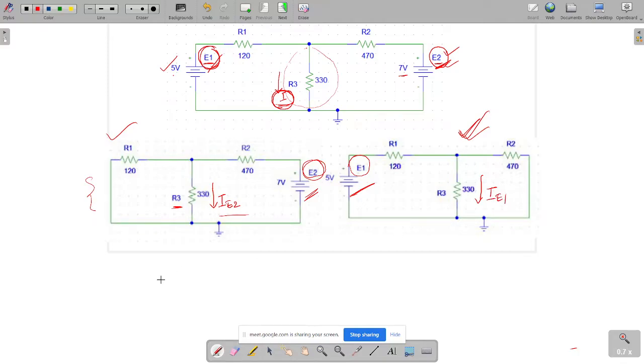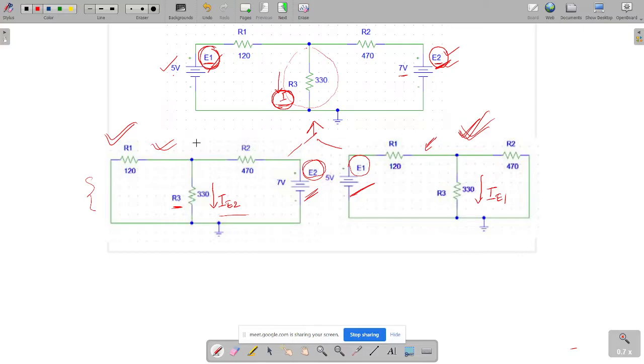Now look at these two circuits again. This circuit only has E2 and this circuit only has E1, right? Now if we combine both the circuits, these two circuits combined will look like the first circuit.